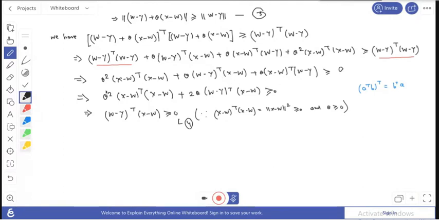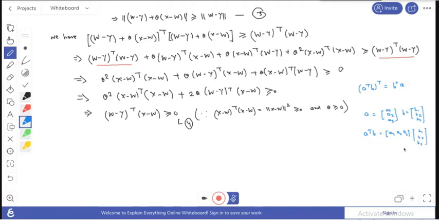Okay, suppose you take a vector A, which has components A1, A2, A3, and suppose any vector B with components B1, B2, and B3, these two in R3. So if we try to find A transpose B, this is A1, A2, A3 multiplied by B1, B2, B3.